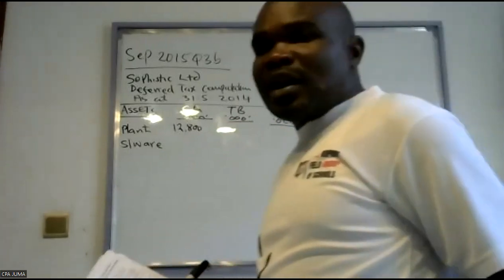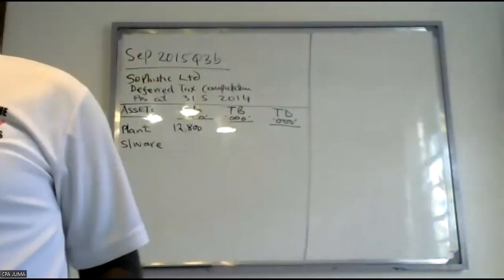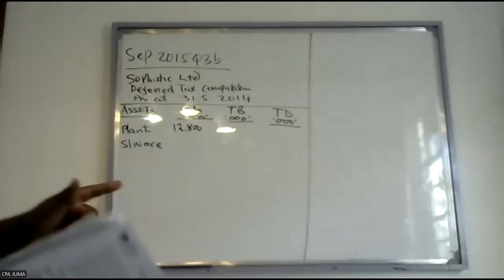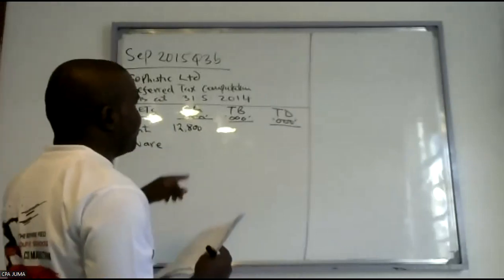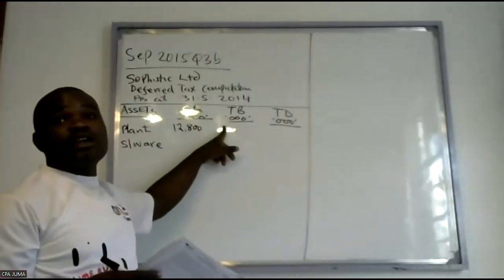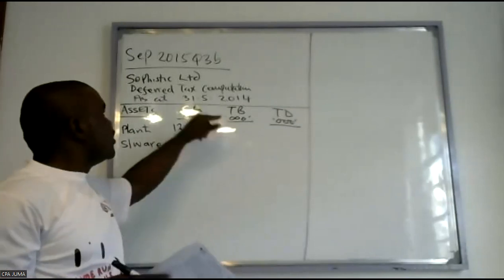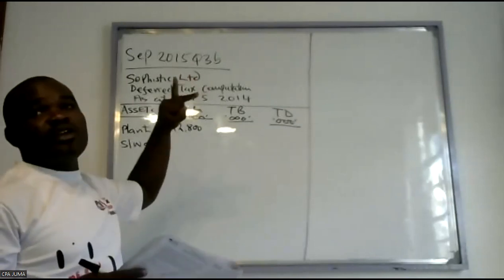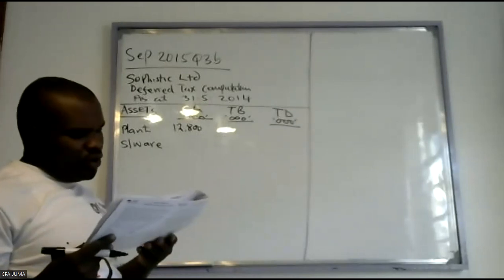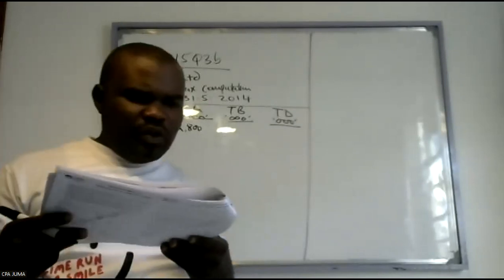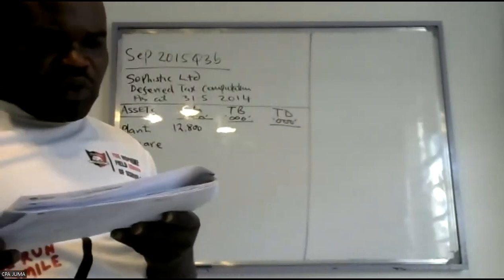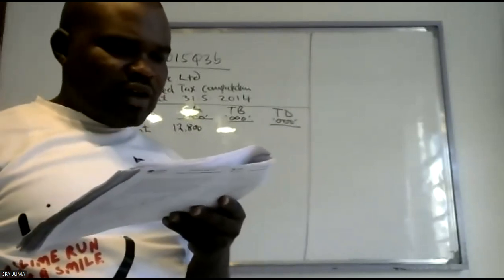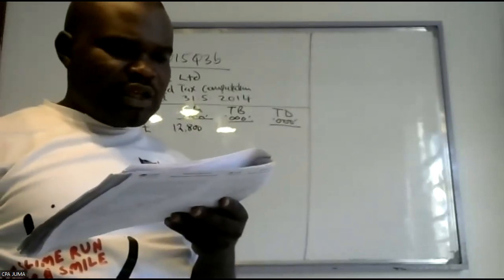But the taxman is coming. The taxman will check the written down value for tax purposes. Written down value is cost minus accumulated wear and tear. But already we were given the tax written down value on 1st June 2014.